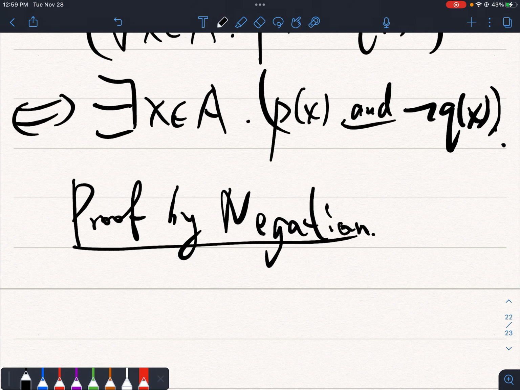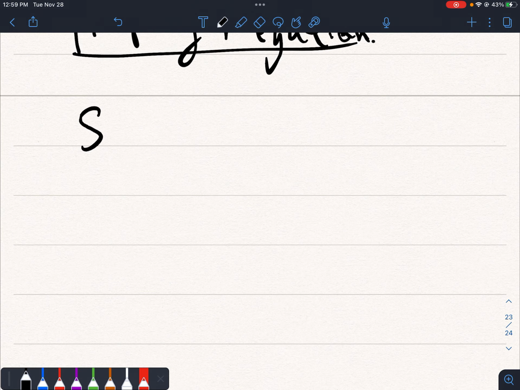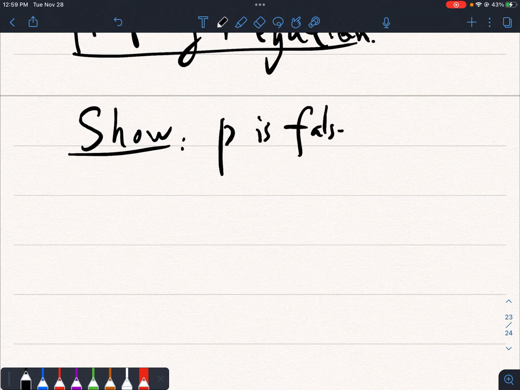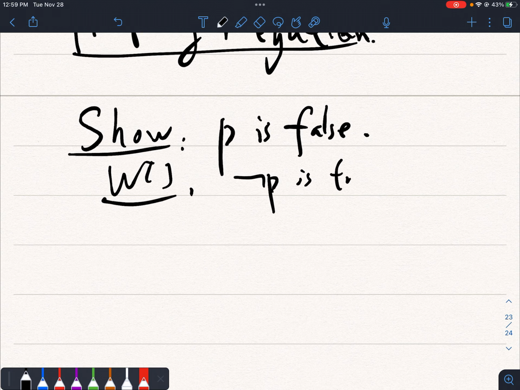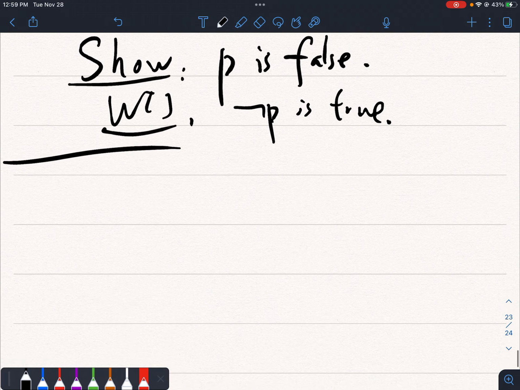This is kind of weird, so let me show you. If you want to show that p is false, all you need to show is that not p is true. It is kind of weird because it looks the same, but in practice it makes sense.